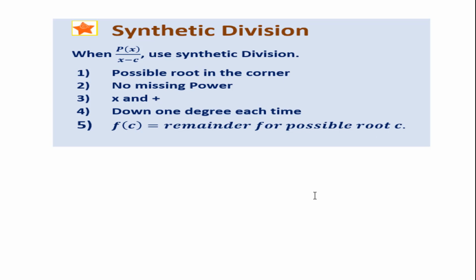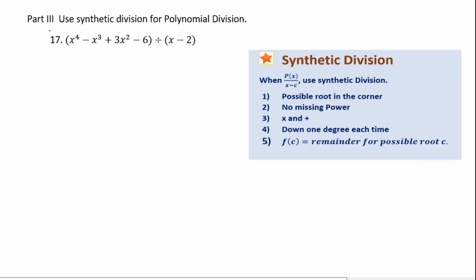Let me show you some more examples. Part 3, use synthetic division for polynomial division. 17. X to the fourth power minus x third power plus 3x squared minus 6 divided by x minus 2. Roots in the corner.